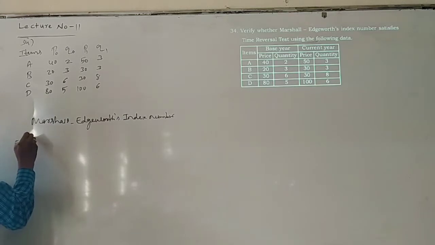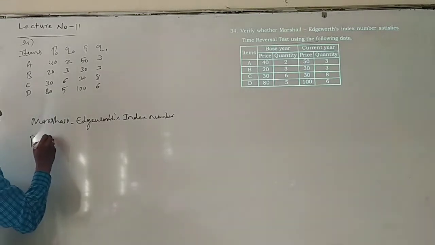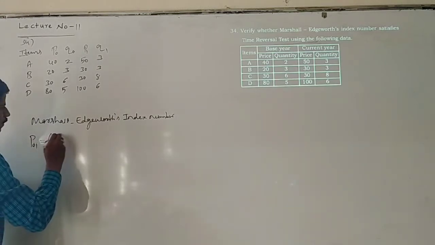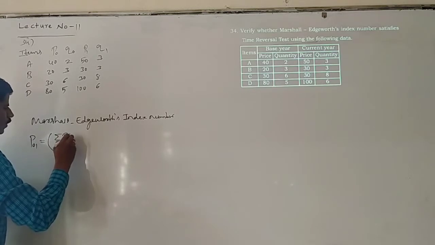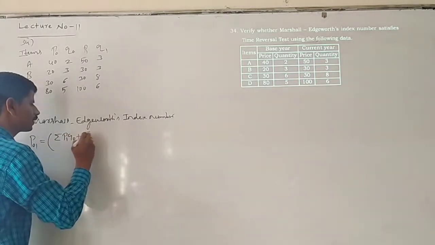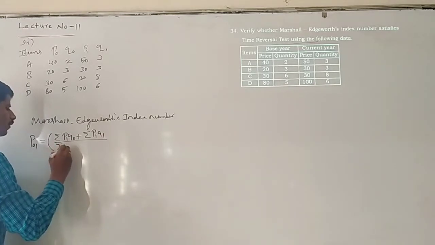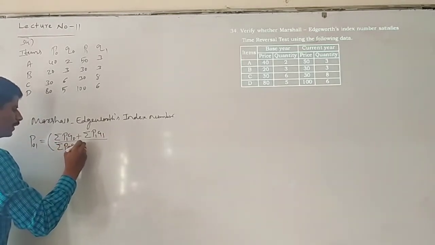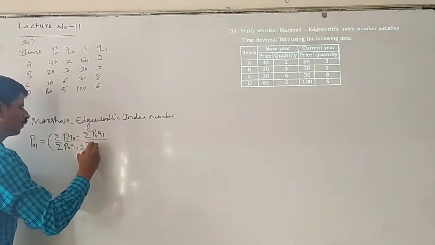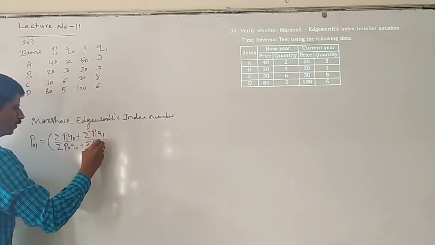Here for TRT we require P01, that is sum of P1 Q0 plus sum of P1 Q1 by sum of P0 Q0 plus sum of P0 Q1.